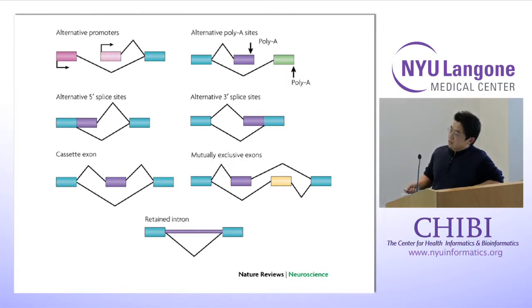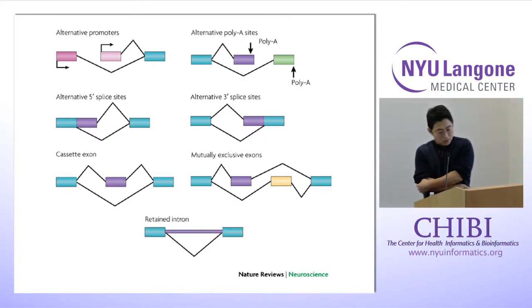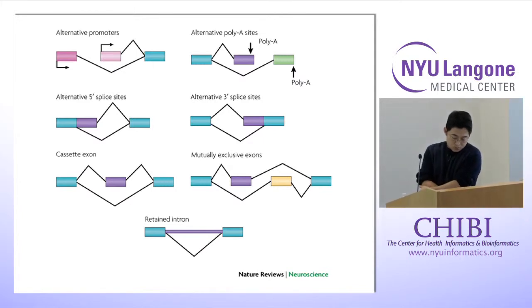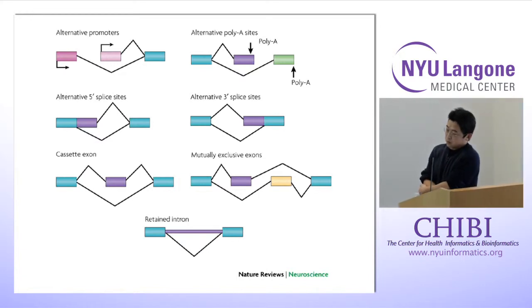For one single gene, you can have any combination of these, so it becomes very sophisticated once you get the reads: which isoform is used, and how to deduce the isoform information from the read counts and read alignment.